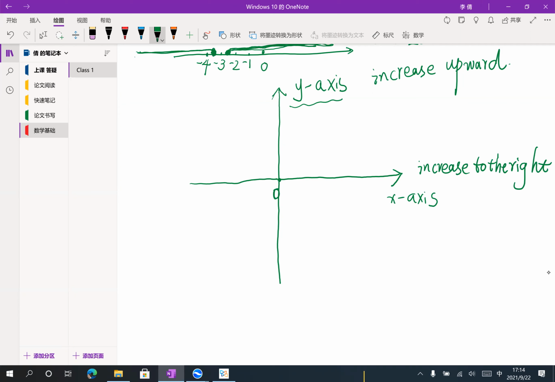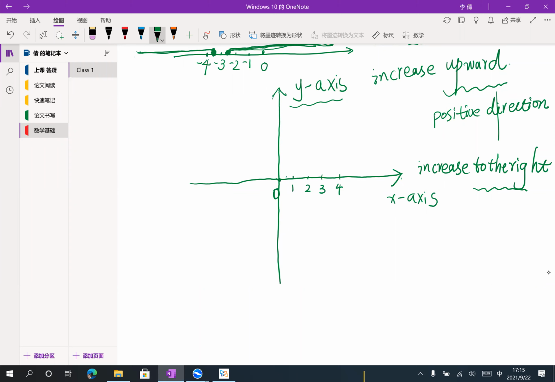Let's say upward and to the right are the positive directions. On the right of the 0, these numbers are positive: this is 1, this is 2, this is 3, this is 4.